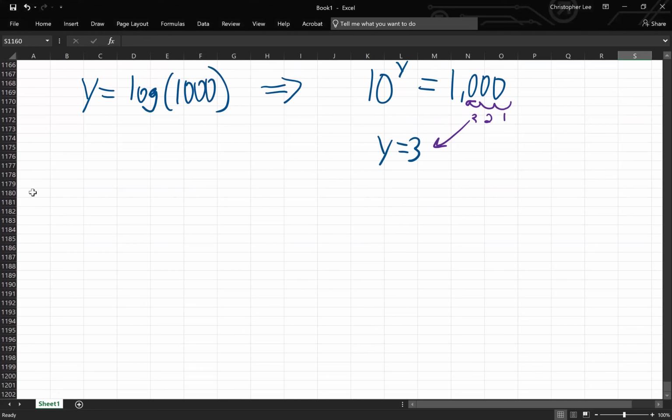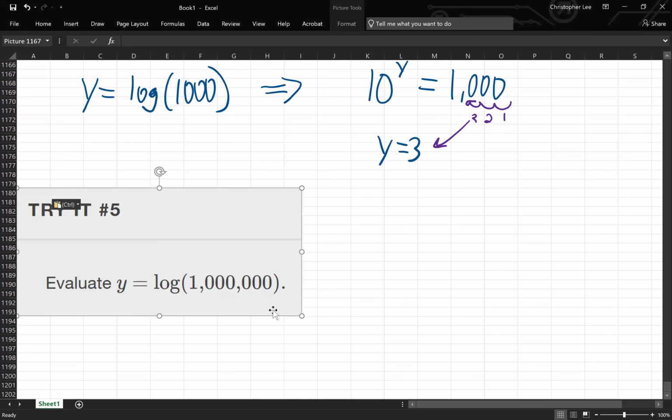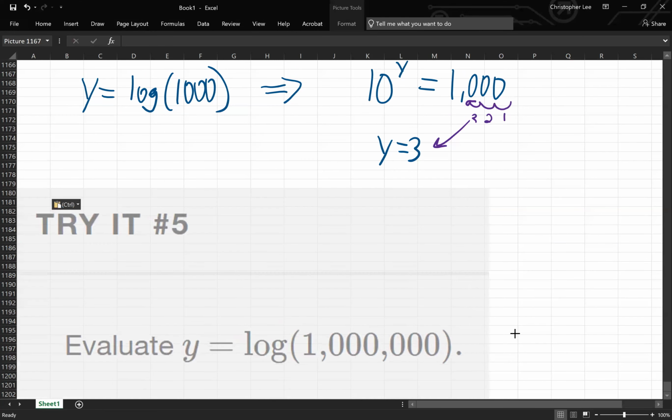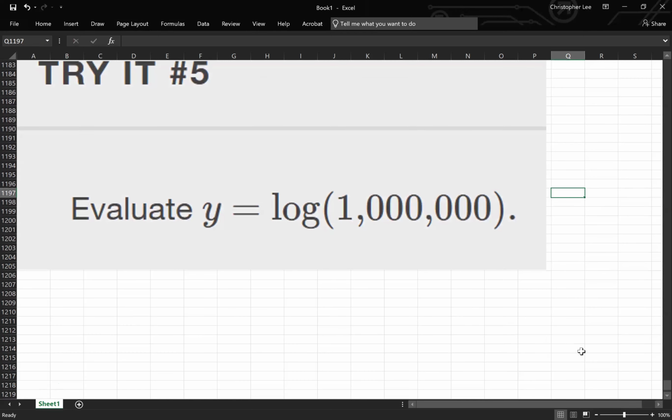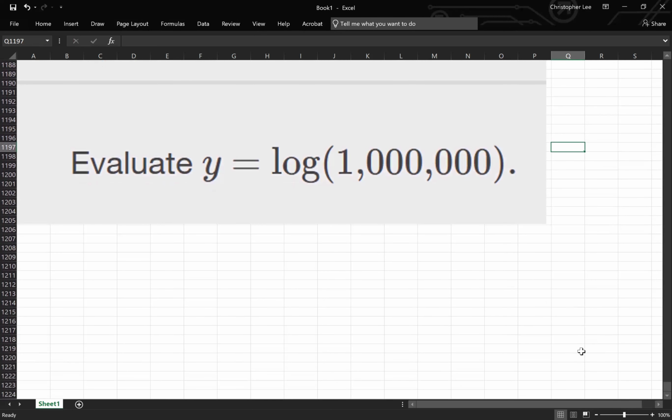Just for fun, real quick, in case we win the lottery tonight. What's the answer? 6, exactly.